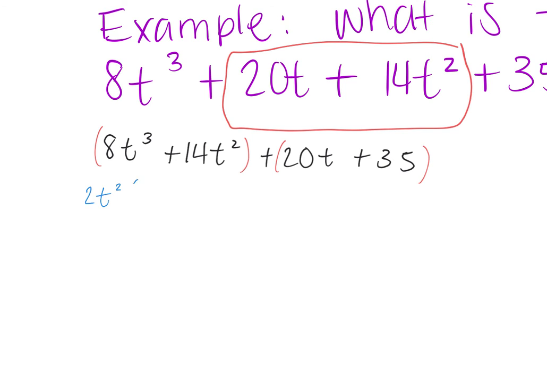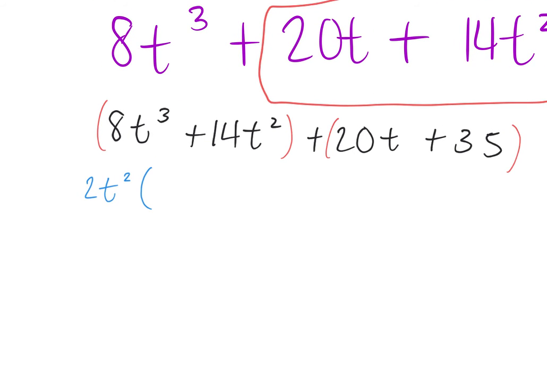So in this case, if we pull out a 2t squared, what's going to be remaining in our first term? 4t. Good, 4t is our first term, and our second term is 7. You can always check this, guys, by going back.